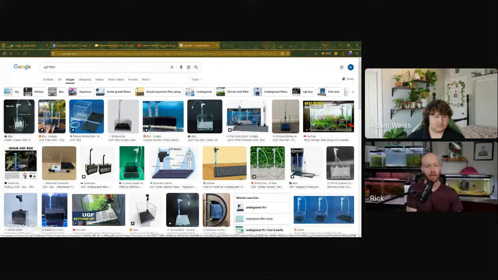With this Asian style UGF, you put the UGF down in the bottom of the box, then a small layer of foam, and then some active substrate. The UGF is actively pulling water down through the active substrate, making sure there's really strong buffering of that substrate, so your water stays very, very stable.